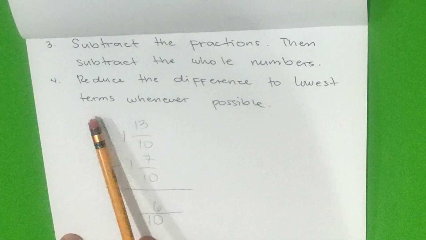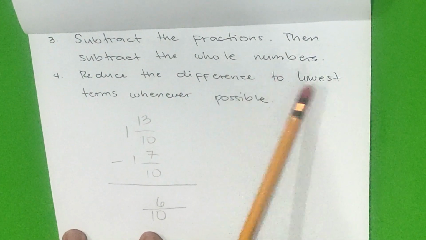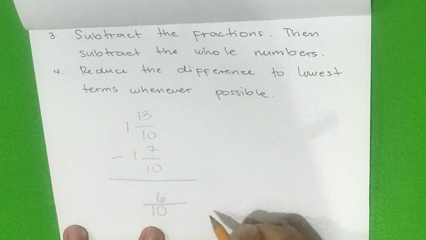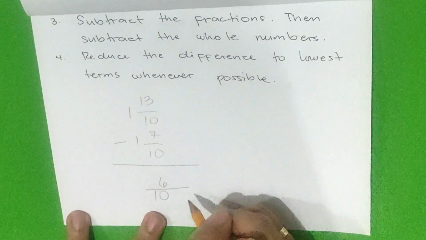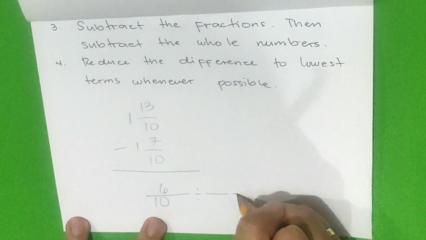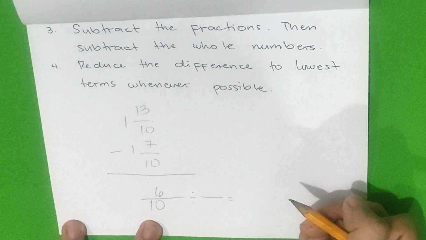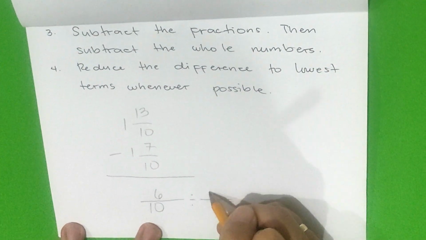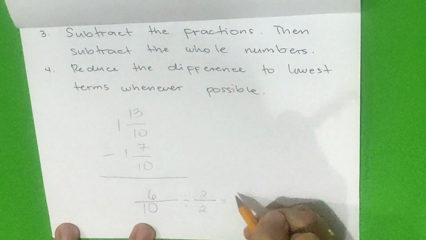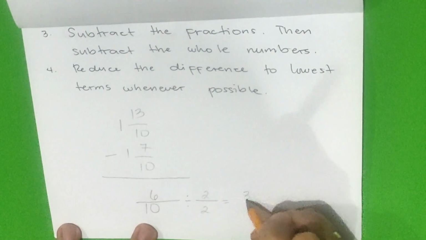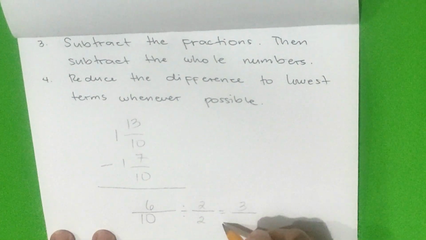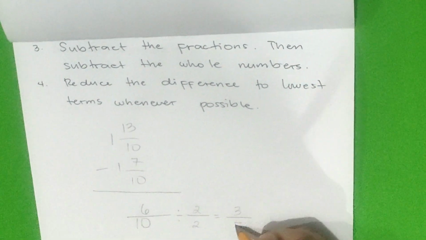Our last step is to reduce the difference to lowest terms whenever possible. Can you think of a number that we can still divide both numerator and denominator by without a remainder? Correct. It's the number 2. So 6 divided by 2 is 3, and 10 divided by 2 is 5.